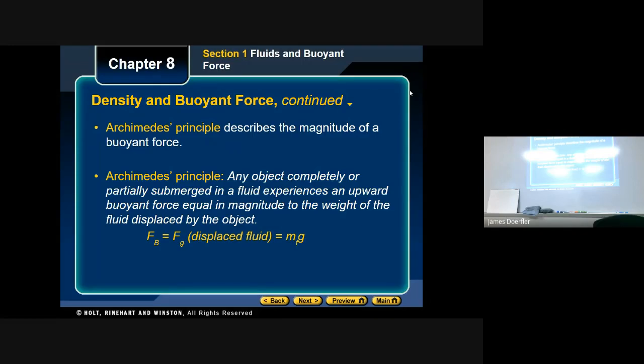And so here is your next formula. The buoyant force, FB, is equal to the displaced fluid's weight, FG. But FG we can calculate simply by measuring the mass of water that's been displaced and multiplying it by gravity.